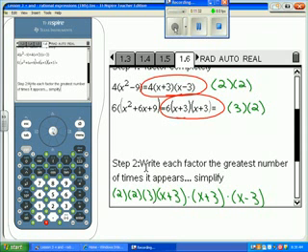I missed a step. All right, so I've got 2 times 2 times 3 times x plus 3 times x plus 3 times x minus 3. There's got to be an easier way to write that, right? 2 times 2 times 3? So we've got 12. Can I rewrite x plus 3 so I don't have to write it twice?